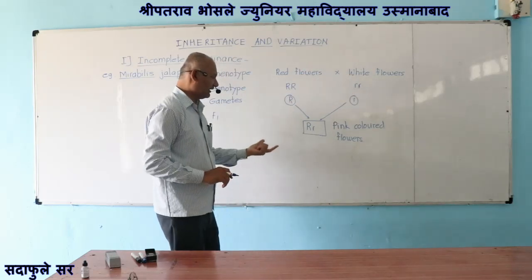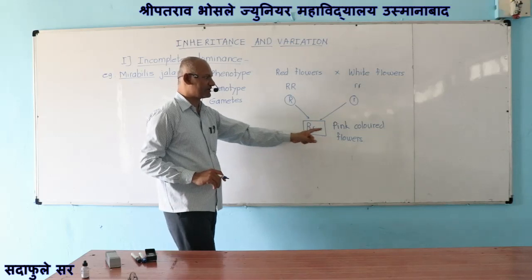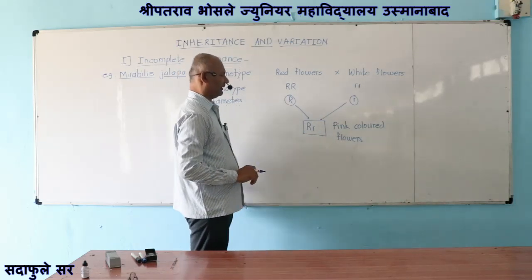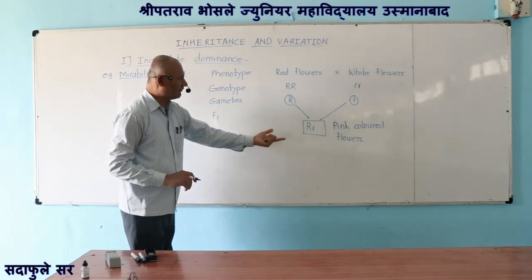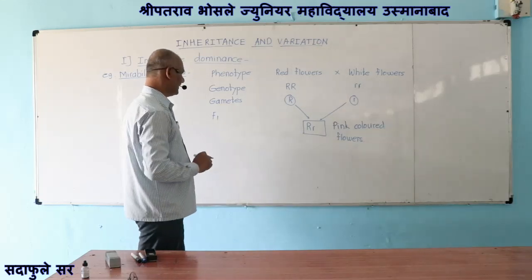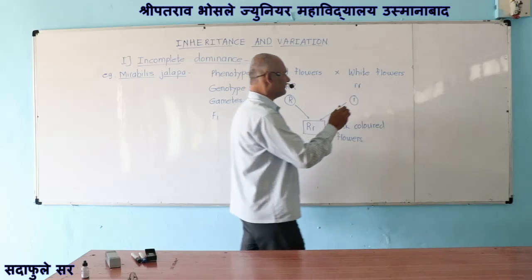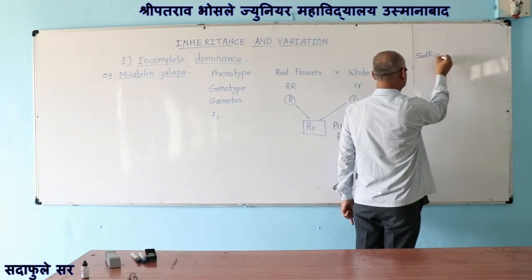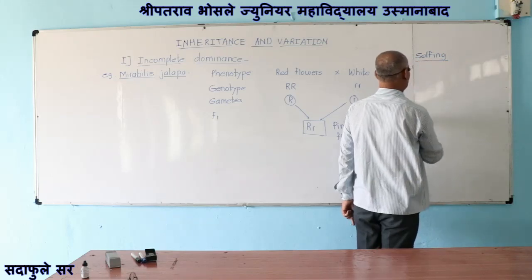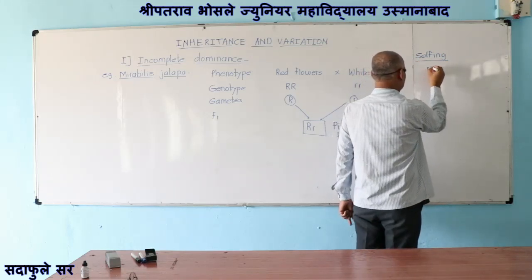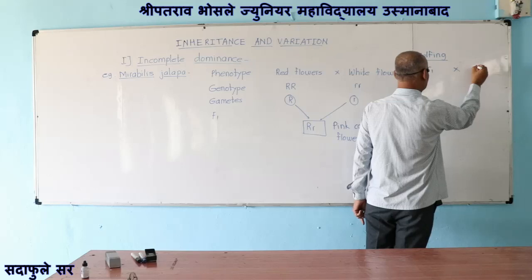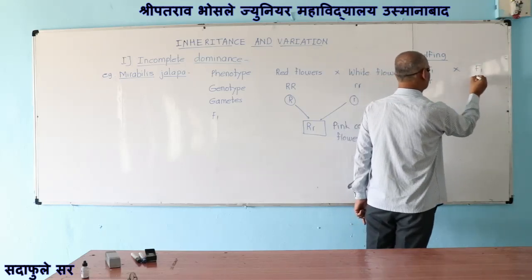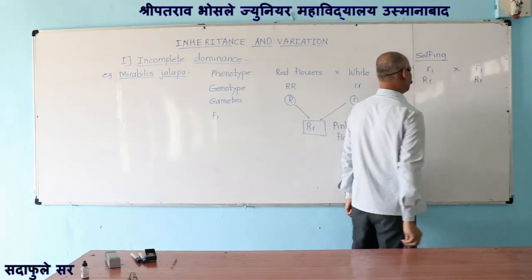But in F1 generation, the flowers are pink colored. Now the selfing of these F1 individuals. Selfing: F1 crossed with F1, that is capital R, small r, capital R, small r.